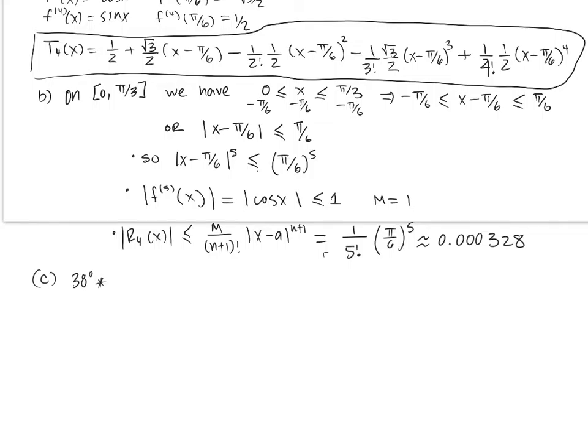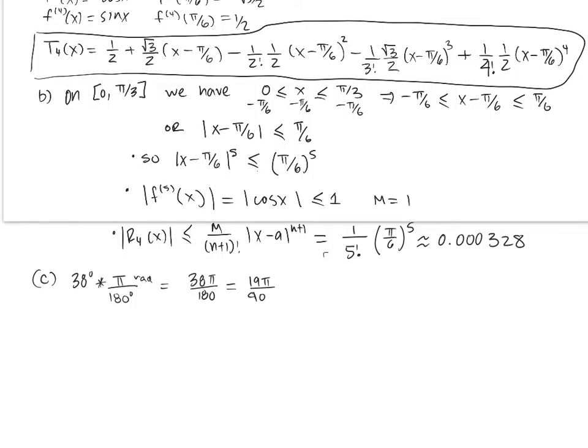Multiply by, I think it's pi over 180, right? Or 2 pi over 360, same thing, right? So we have 38 pi over 180, which reduces to 19 pi over 90.